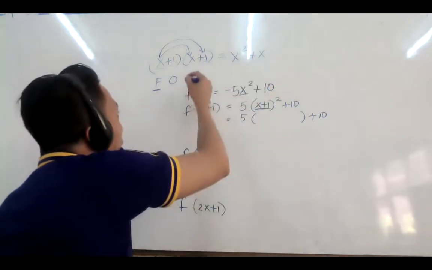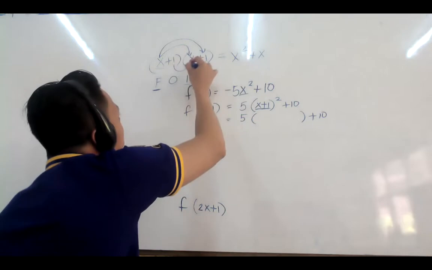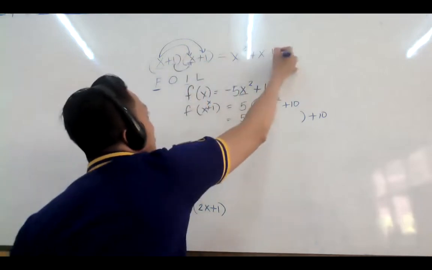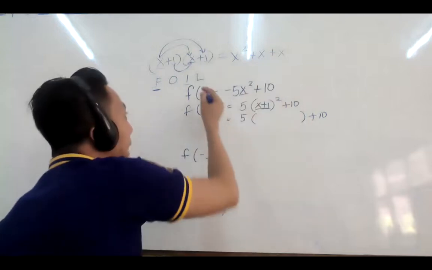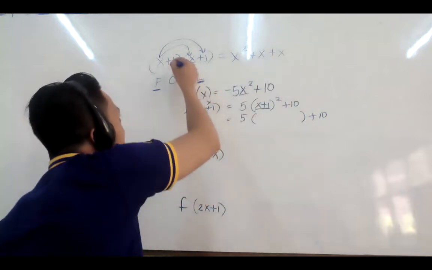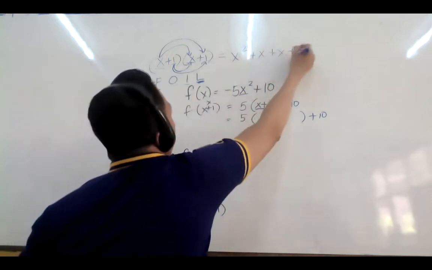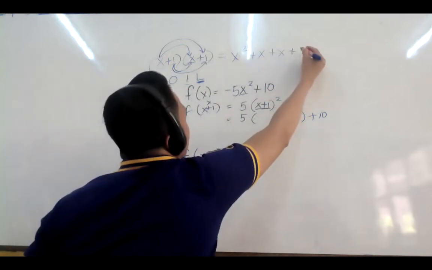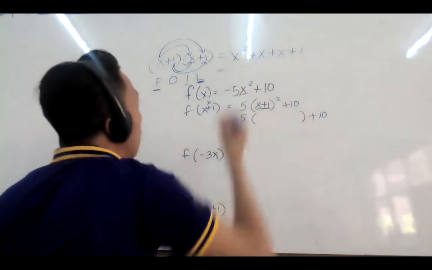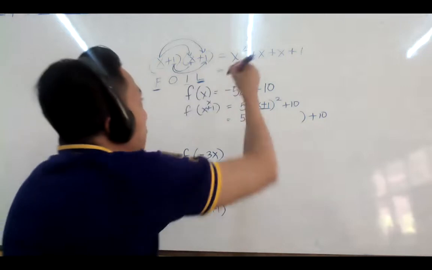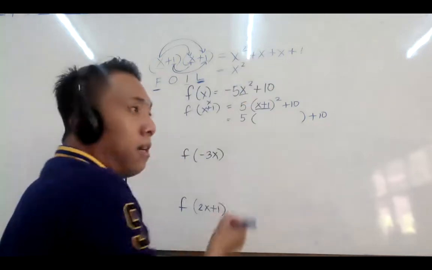And then we have the inside: positive 1 times x is still positive x. And then last to last, 1 times 1 is 1.